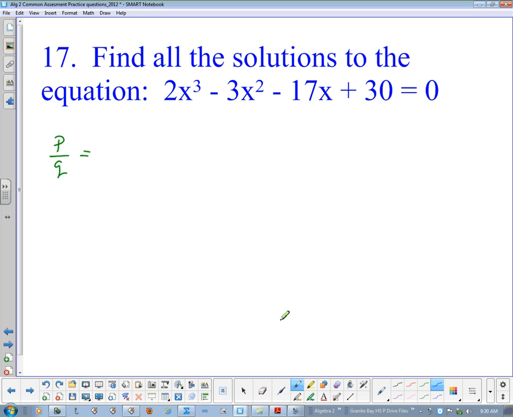factors of the constant. So plus or minus 1, plus or minus 2, plus or minus 3, plus or minus 4, plus or minus 5, plus or minus 6, plus or minus, what comes next?